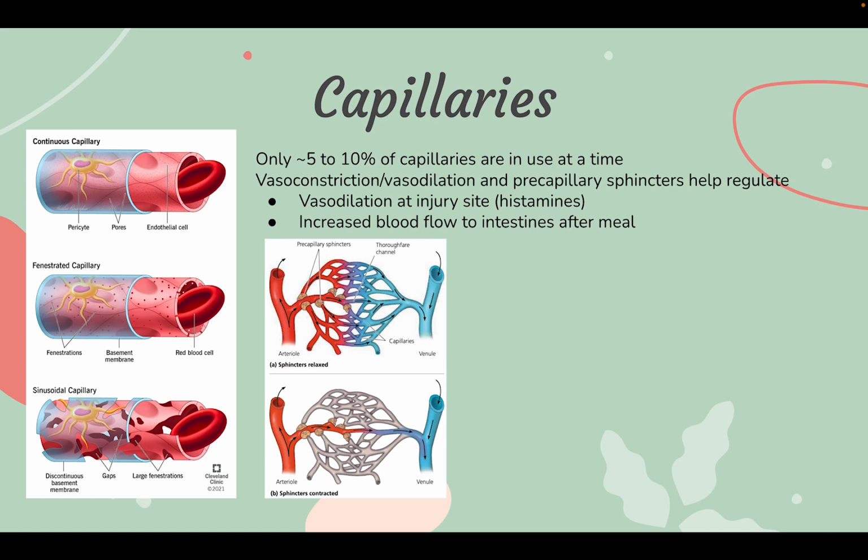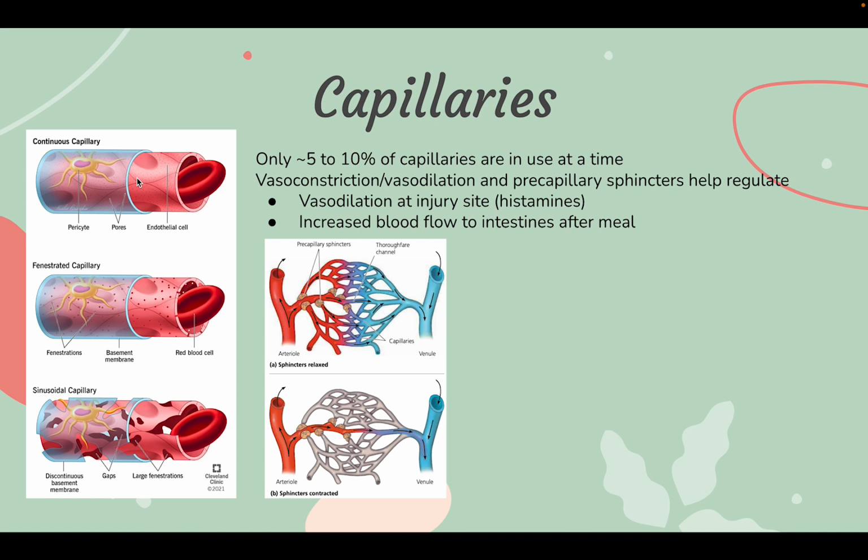So continuous capillaries are continuous, and there's not too many gaps, but there are pores. And fenestrated capillaries have these fenestrations, which are gaps, and that just makes them more leaky than our continuous capillary.